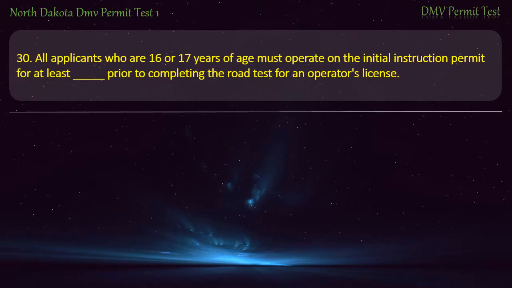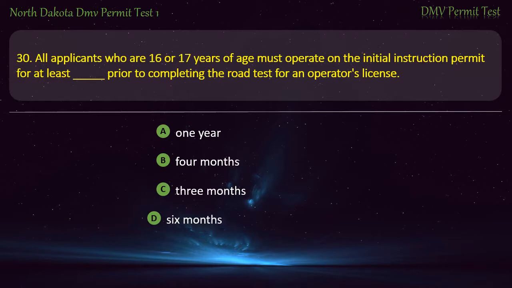Question 30. All applicants who are 16 or 17 years of age must operate on the initial instruction permit for at least what period prior to completing the road test for an operator's license? 1 year. 4 months. 3 months. 6 months. Answer. 6 months.